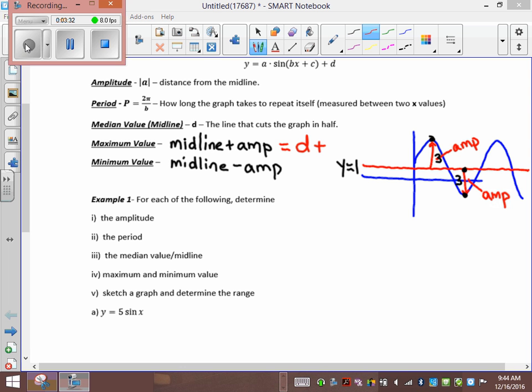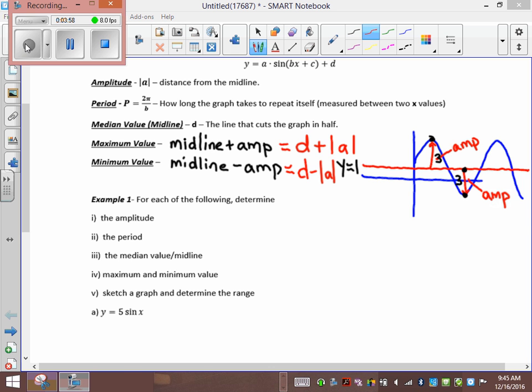A, but there's something special about the A. It has to be positive, so how can we write that? Absolute value of A. So if we take D plus the absolute value of A, we get the maximum. If we take D minus the absolute value of A, we get the minimum. So we can get the maximum and minimum extremely easily off an equation. Okay?